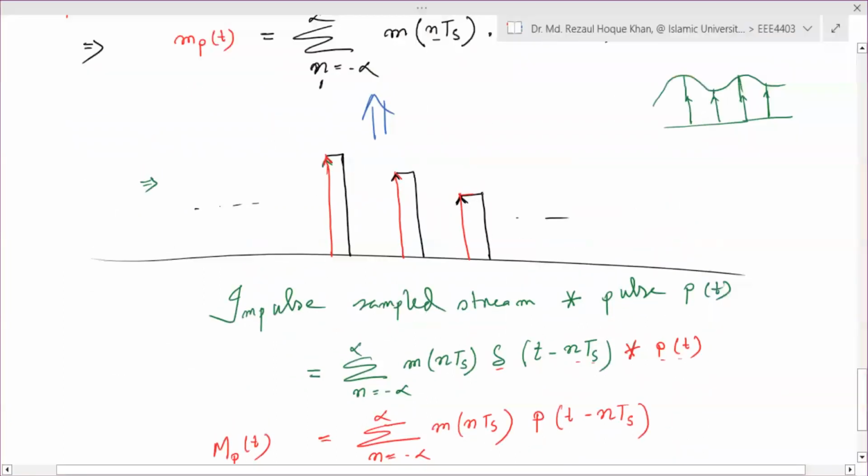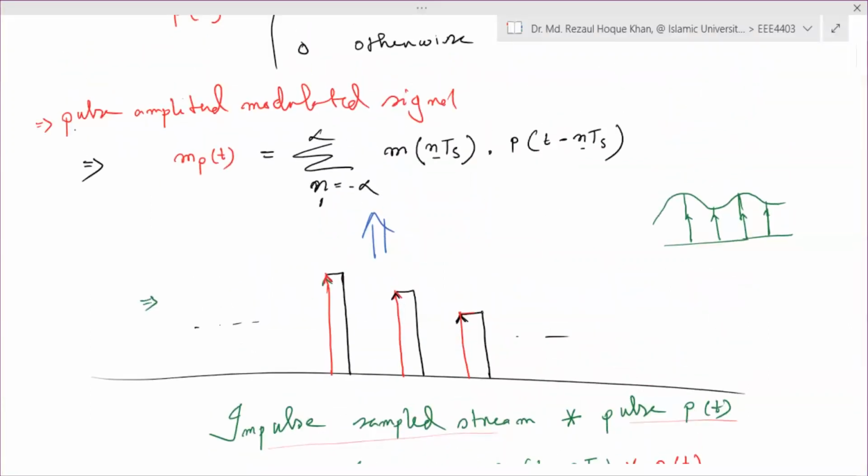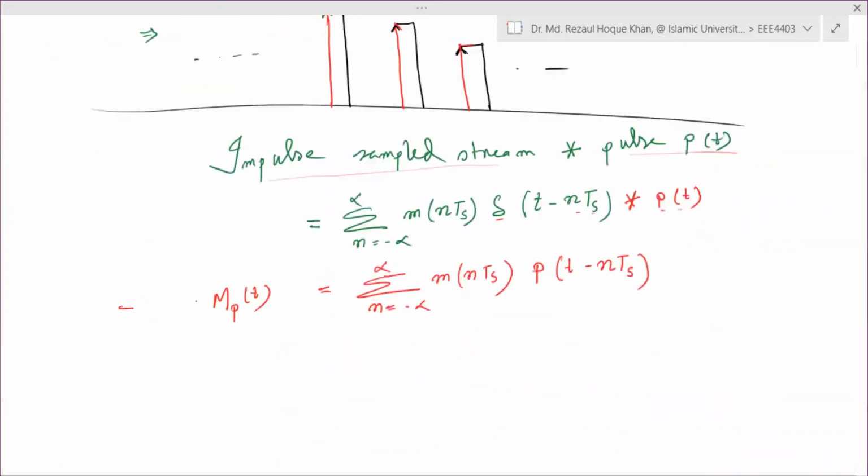So when we convolve the impulse sampled stream with the pulse, we have the pulse amplitude modulated signal, and its expression is similar to the expression of this one.